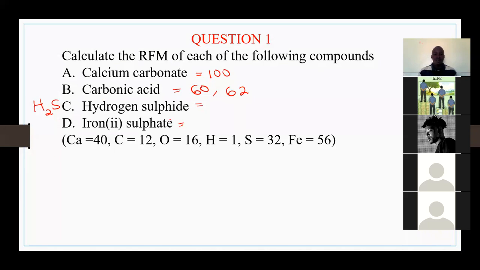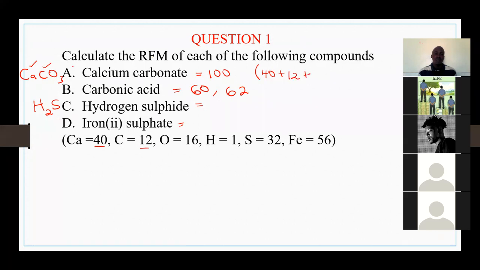Yes, so it's finished. Okay, let's go through part A, as maybe others are finishing C and D. So we have calcium carbonate. When we start with calcium, we have 40. Calcium is 40. Plus carbon, we have 1 atom. Carbon is 12.